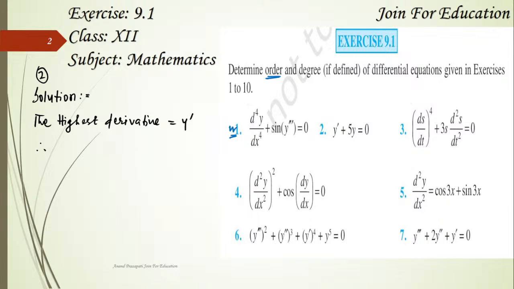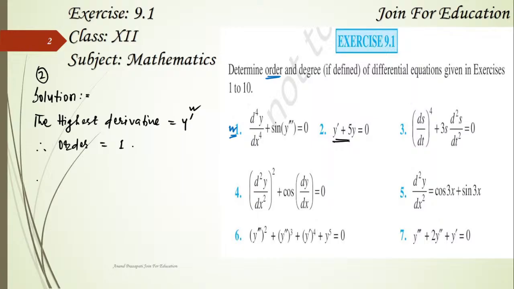Therefore, the order of this differential equation will be 1, because the highest derivative of this one is first order, and this differential equation is a polynomial.